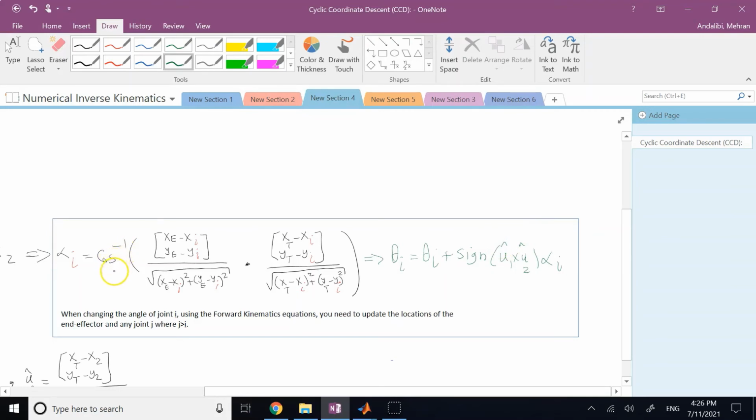And alpha I itself is, of course, cosine inverse of U1 dot U2. Correct? So you can say theta I is equal to whatever it was, plus sine of U1 cross U2 times cosine inverse of U1 dot U2. And U1 and U2, you can calculate at any iteration. So here is what you can do with this algorithm.